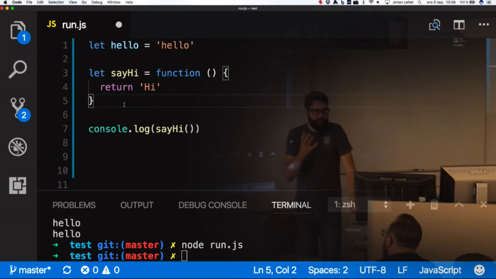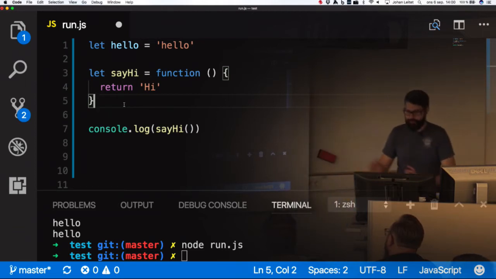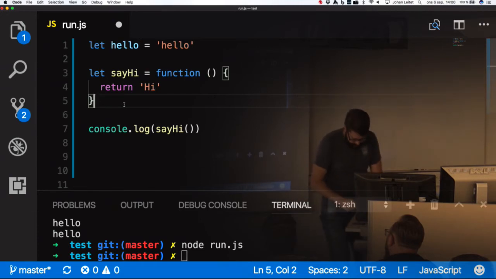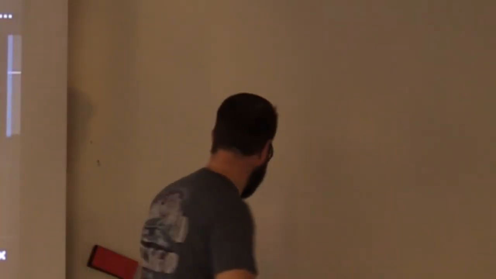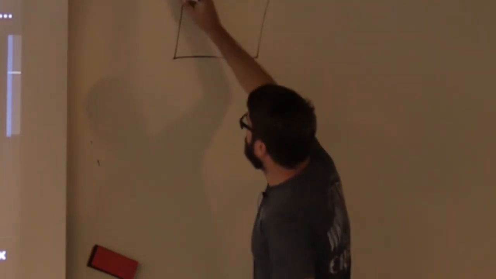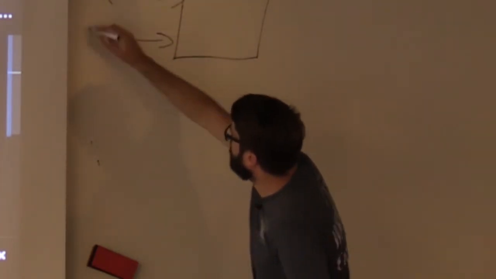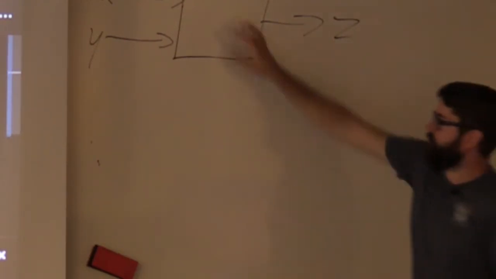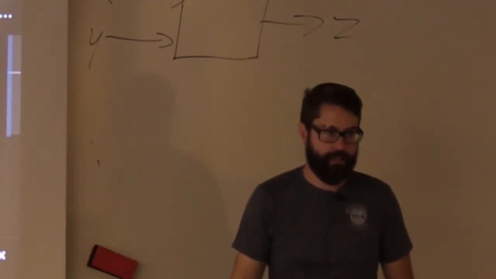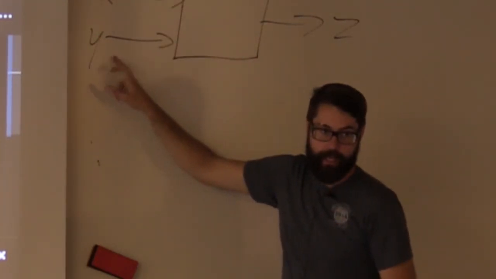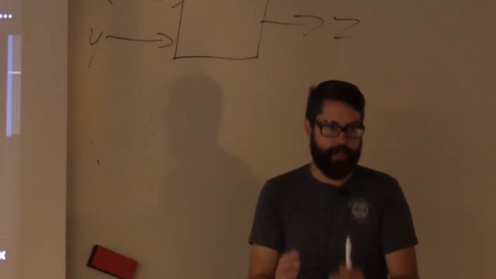Okay, so that is a concept of, I mean, when you call a function, let's see if I can do it like this. This is our function. We call it with x and y, and we get z out of the function. This function does not have any side effects. It doesn't rely on anything more than x and y, and it will not alter anything outside of the function.